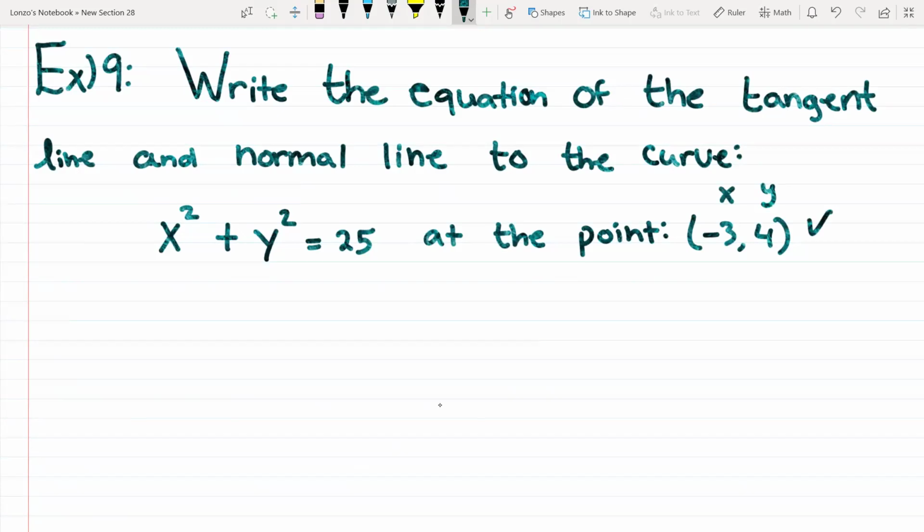So the next step is to find the derivative, and we're going to have to implicitly differentiate with respect to x. So start with the first term, x squared. The derivative of x squared with respect to x is 2x. You do have the option of putting dx over dx, but that just becomes 1.